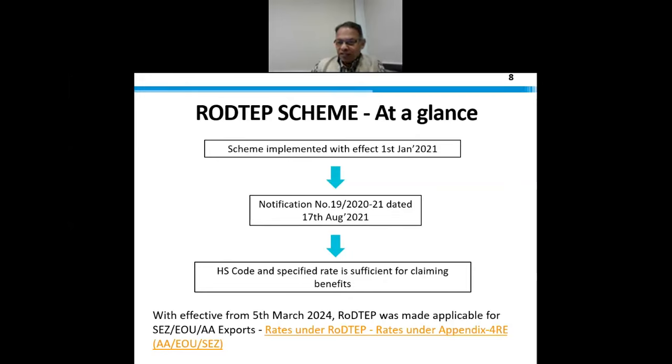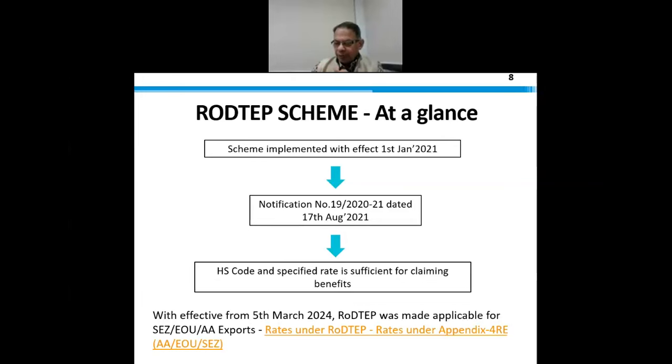HS codes and specified rates were sufficient for claiming the benefit because it was a duty credit. And though the scheme was announced under the foreign trade policy, the entire implementation of the RoDTEP scheme is with customs.